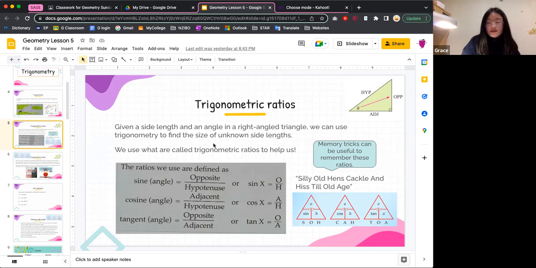So for example, I'm just going to write on the board. For this triangle right here, we'll be looking at this angle. We have these things called sine, cosine, and tangent.